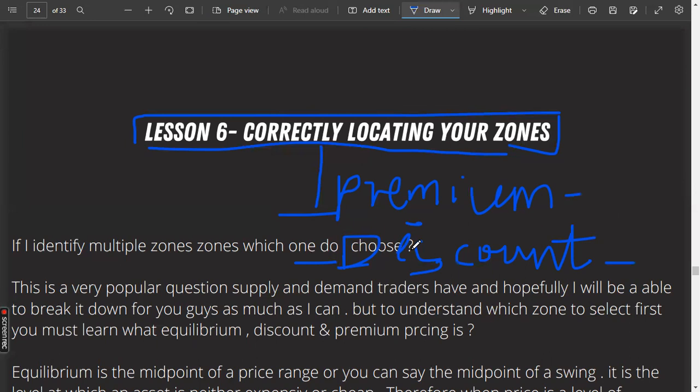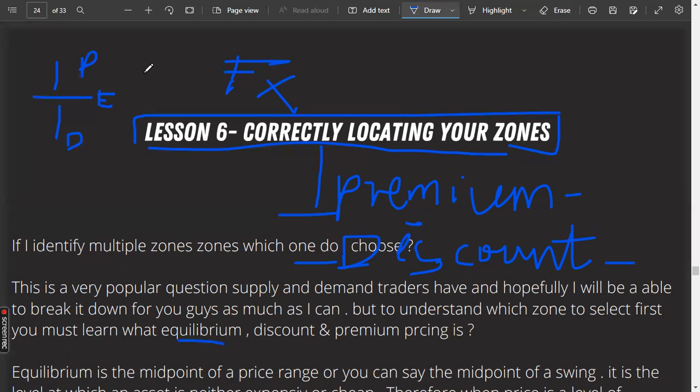I'm going to explain to you how we determine premium and discount in trading in Forex. How are we going to determine the premium zones and the discount zones? And also we have this equilibrium. The equilibrium is the middle. You have here premium, discount, and here equilibrium at 50%. So 0 to 50 is discount, but from 50 to 100 is premium.